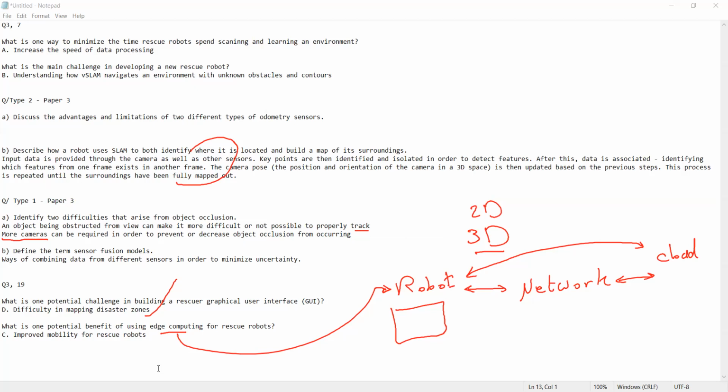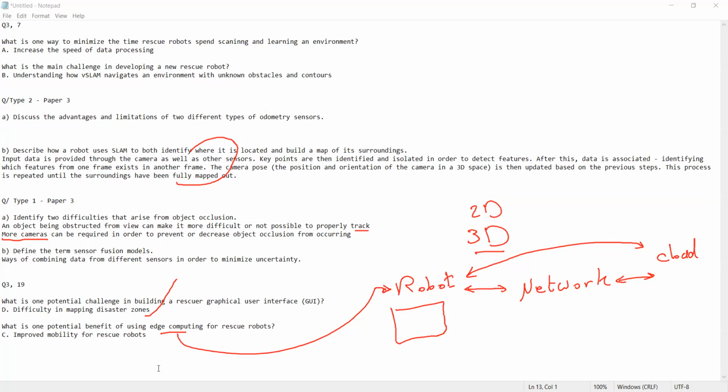So let me try to explain that in detail. Improved mobility for a rescue robot: the mobility is determined by the robot design and actuators, and not necessarily where the data processing happens. Okay, so let me go one by one.